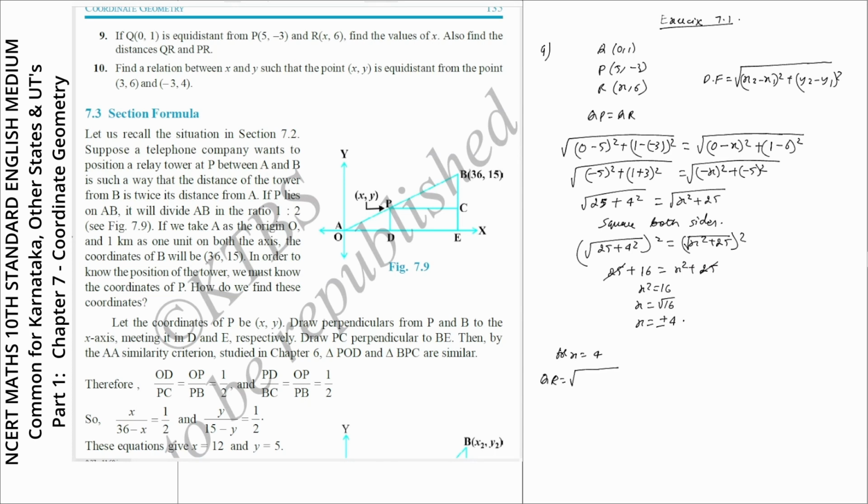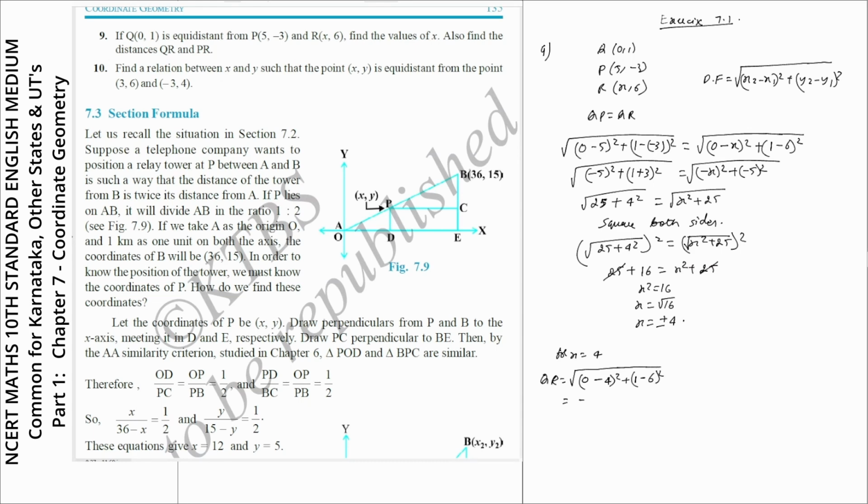QR is given by square root of, so Q is 0 comma 1 and R is plus 4 comma 6. So QR is equal to square root of 0 minus x, so x is plus 4, the whole square, plus 1 minus 6, the whole square.